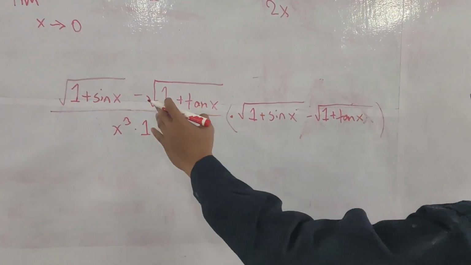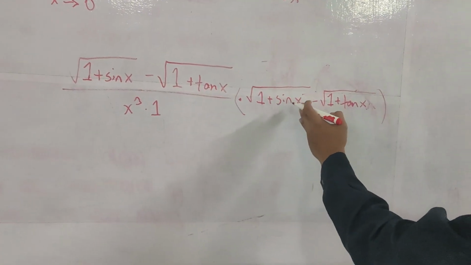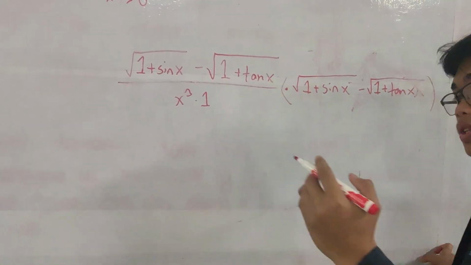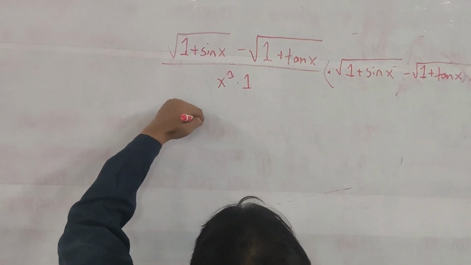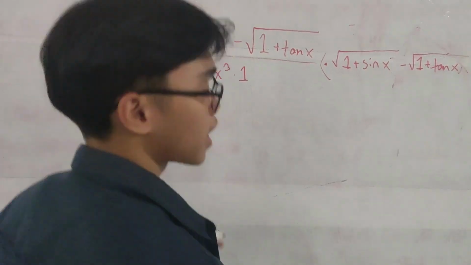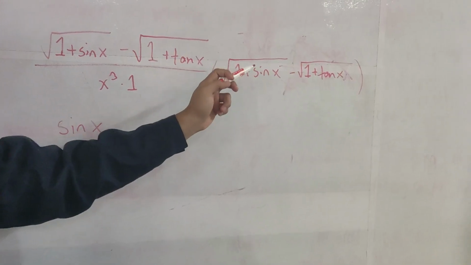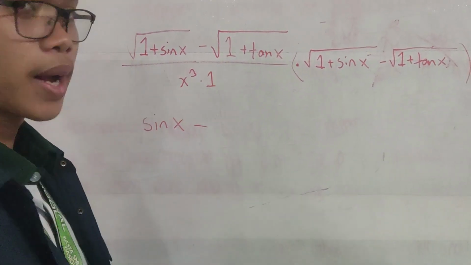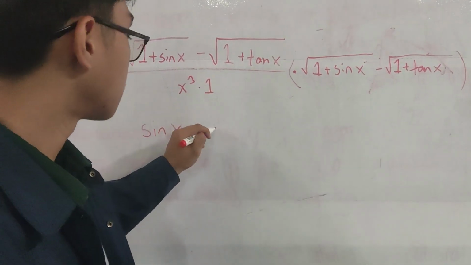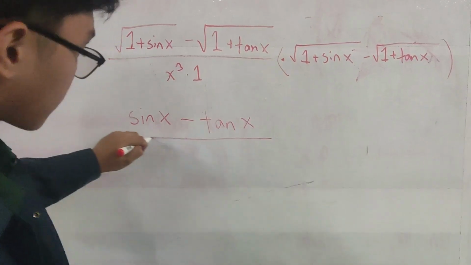So the square root of 1 plus sine x times the square root of 1 plus sine x is equal to a whole number, so that means it's sine x. Over here, we multiply it by the square root of 1 plus tan x, so we subtract that, and it becomes tan x.